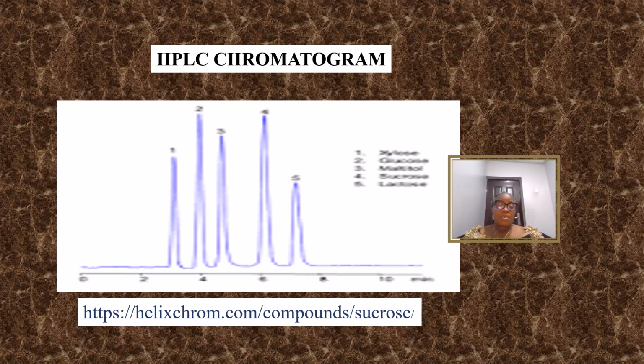We are seeing that xylose eluted before glucose, glucose before maltose, maltose before sucrose, and lactose, respectively. The peak height and the area under the peak are proportional to the analyte concentration.